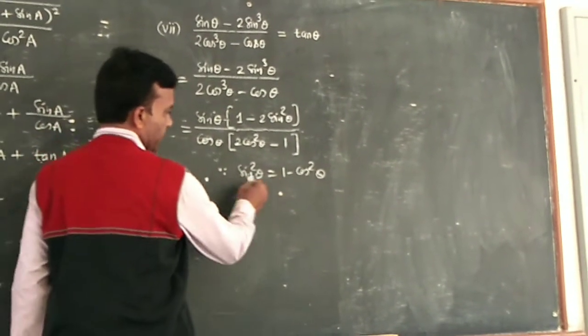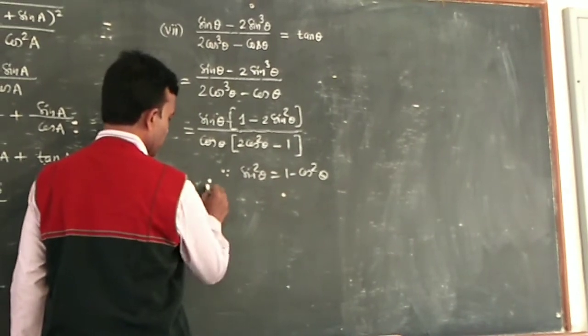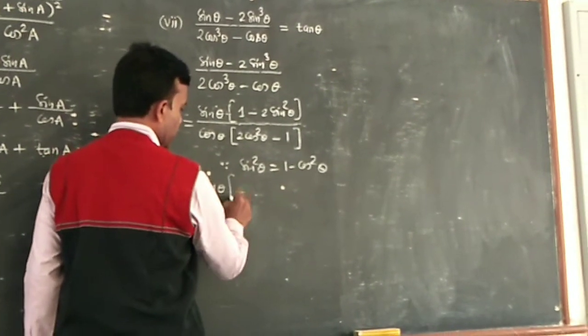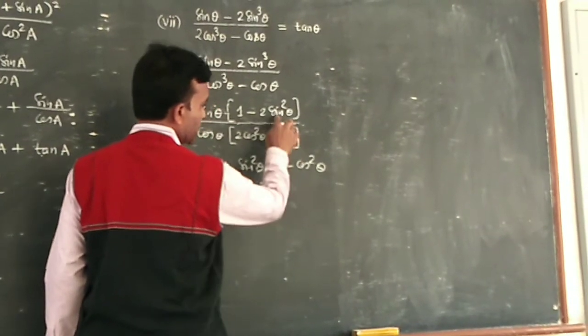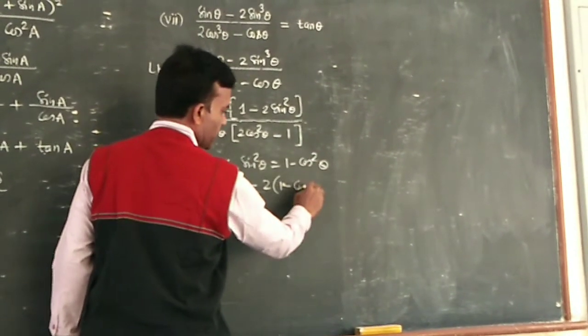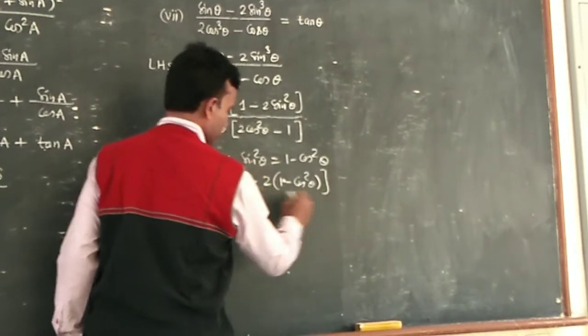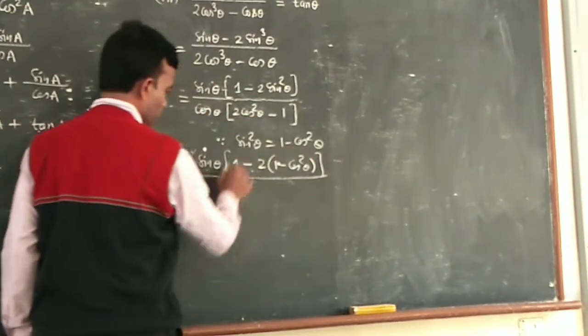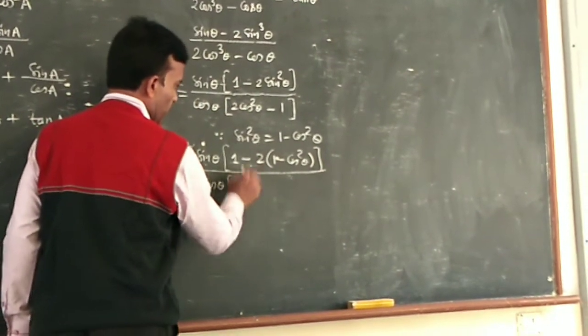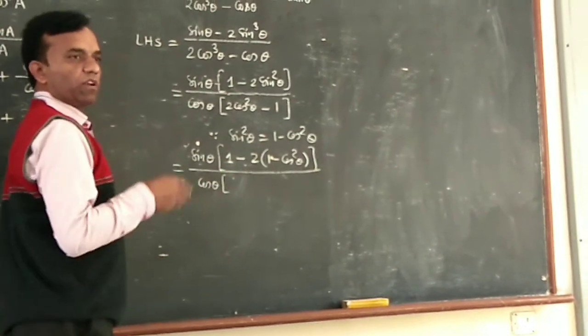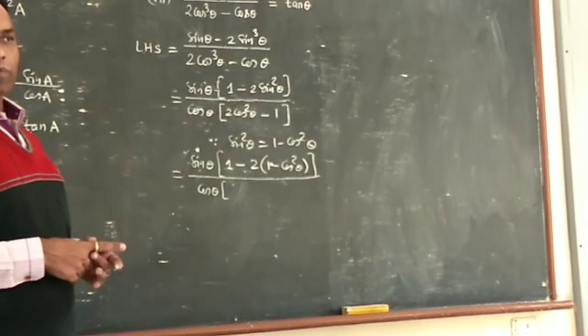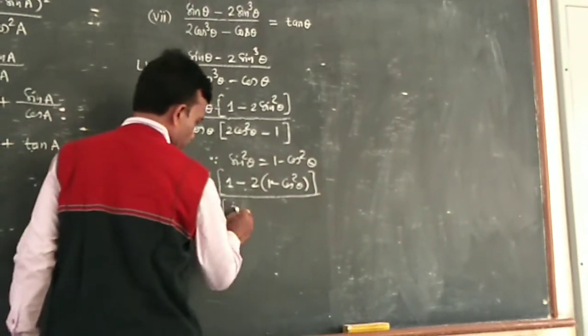Now replace sin square theta by 1 minus cos square theta. Then sin theta you put as it is, 1 minus 2, and in place of sin square you put 1 minus cos square. Your denominator you put as it is, no change, because your numerator is also converted into cos square and your denominator is already given in the form of cos square.